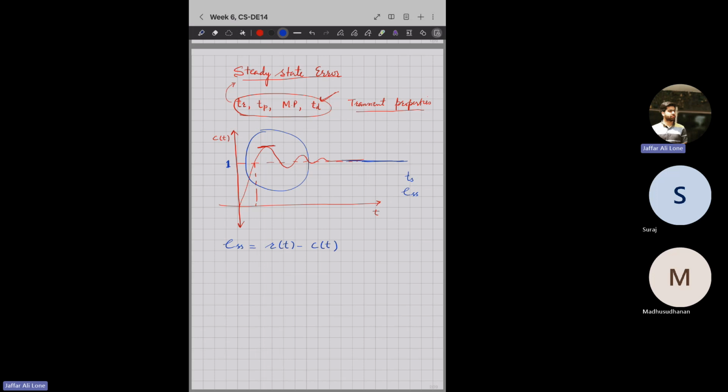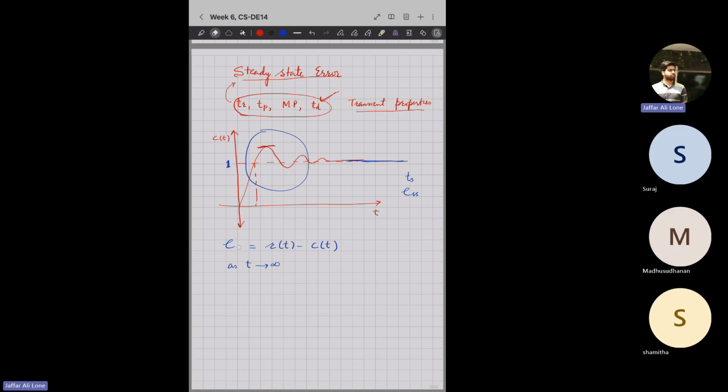This is the error. But as t tends to infinity, I get the steady state error. So in the error, I put t equal to infinity, which means when the response has settled, I get the difference between my input and the response.